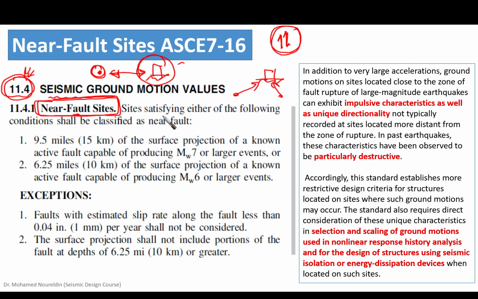So first of all, let's know the limitation of the distance, and second, let's know the significance of being near the seismic source. They put it in this way: near fault sites.